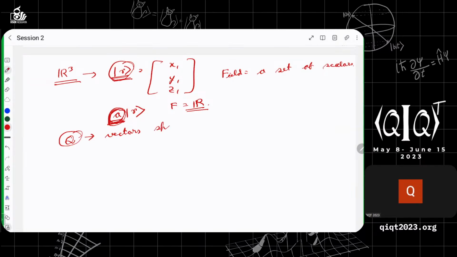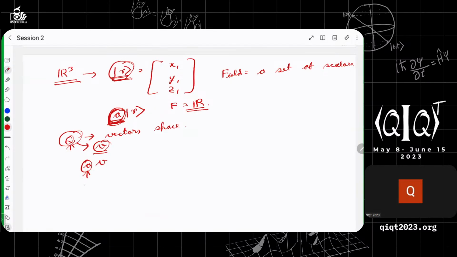Q is basically rational numbers. So you cannot multiply it with any scalar. Let's say I have a vector here, which is V. You cannot multiply V with any scalar A, so it has to be rational again.